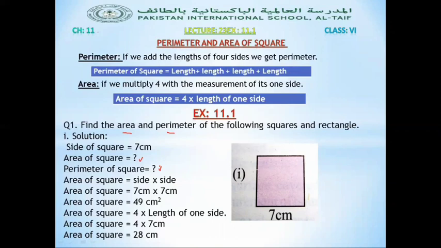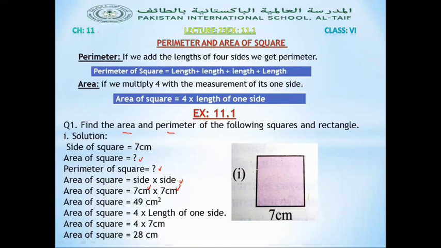First we find the area of a square, that is equal to side multiplied by side. The measurement of one side is equal to 7 centimeters, and the same side is again 7 centimeters.